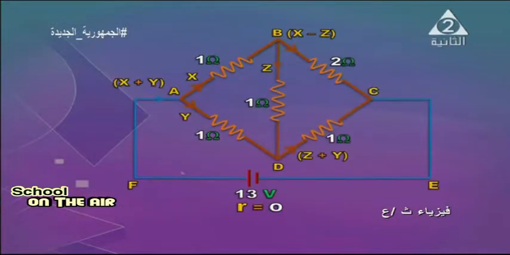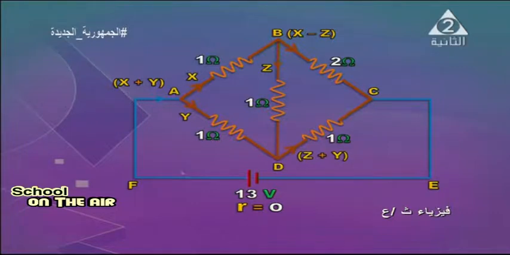Now your attention, please. Assume that the total current equals X plus Y. We'll take it one by one. Total current equals X plus Y. What happens to the current at node A? It divides into two portions: portion X that flows through the 1 ohm resistor, the arm AB, and portion Y that flows through the arm AD.